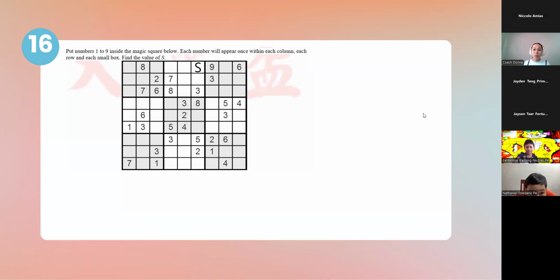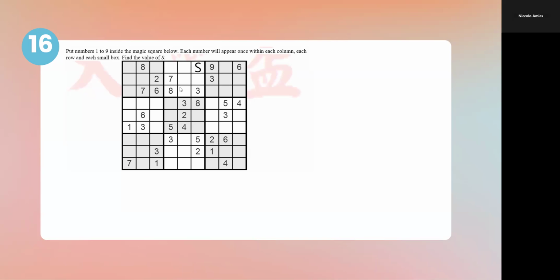In each row, column, and each 3 by 3 square, if it's a 9 by 9, has to have the numbers 1 to 9 without any repetition in one row, one column, and one square. One 3 by 3 square. All right, so how do we arrive at an answer? So first we need to get the column or row with the most numbers.